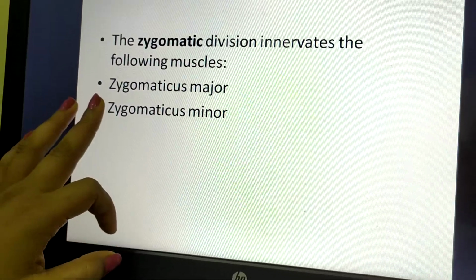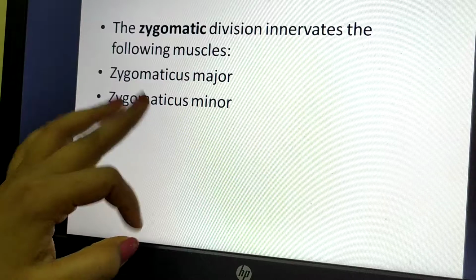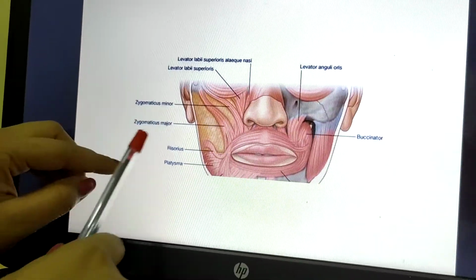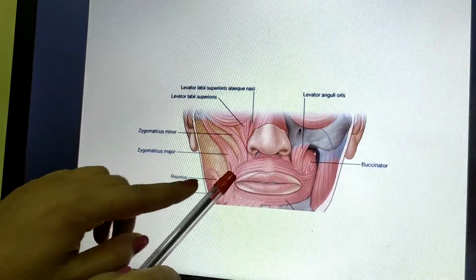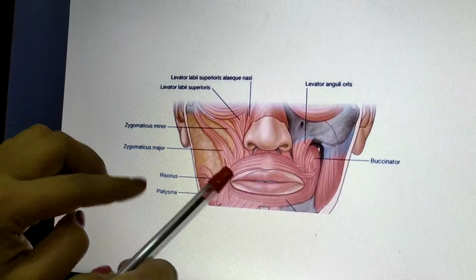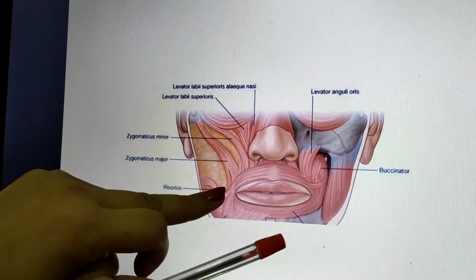Next is the zygomatic branch. It supplies the zygomaticus major and minor. These two muscles are called smiling muscles. This is zygomaticus major and this is zygomaticus minor. Zygomaticus major moves the angle of the mouth in an upward direction.